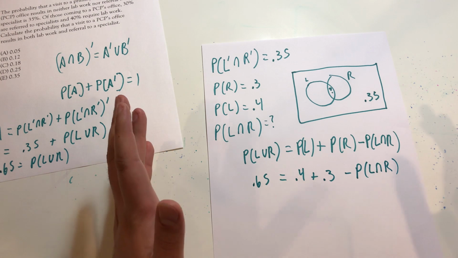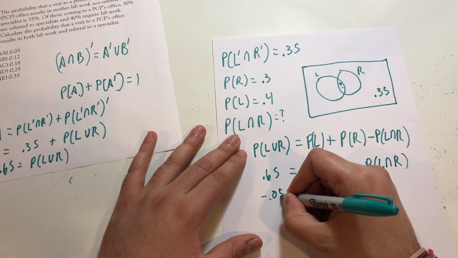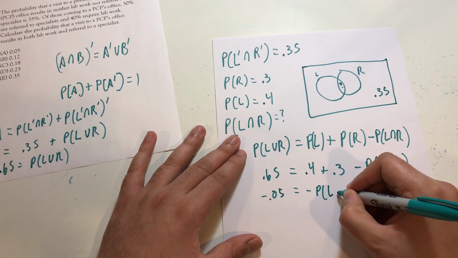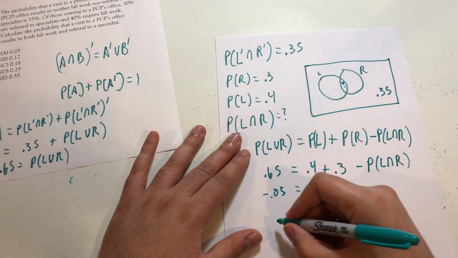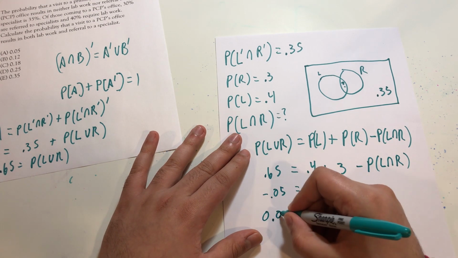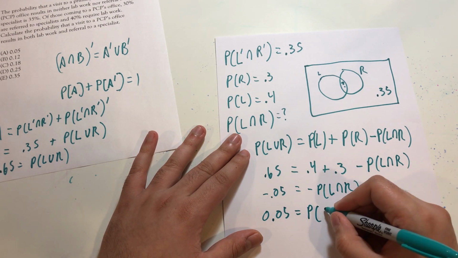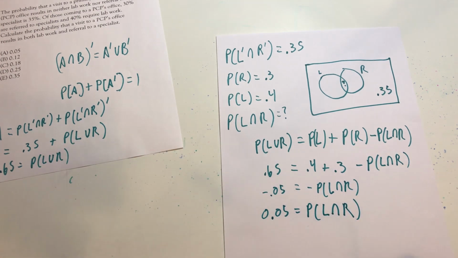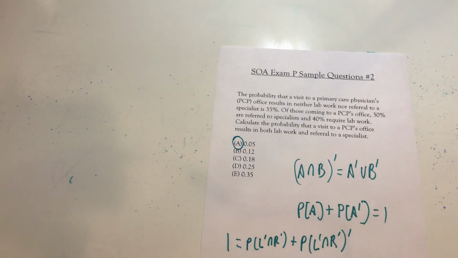I subtract 0.7 from both sides, and I end up with negative 0.05 equal to negative the probability of L intersection R. And I multiply both sides by negative 1, and I get my final answer: 0.05 equals the probability that you have lab work done and are referred to a specialist. And that lines up with answer choice A.